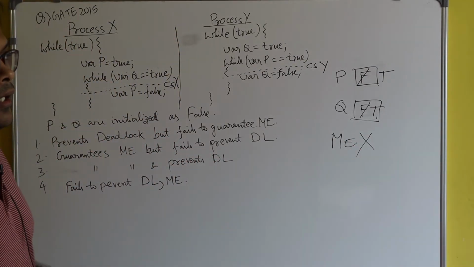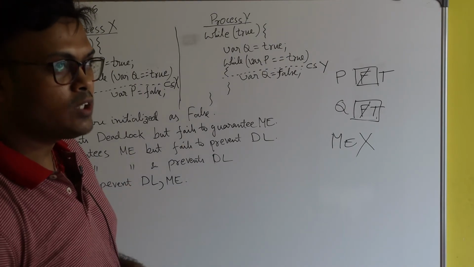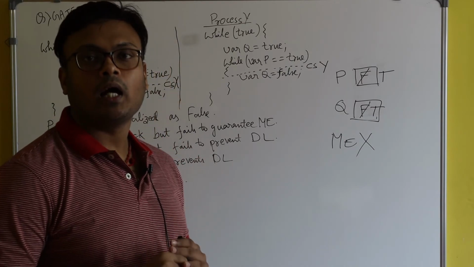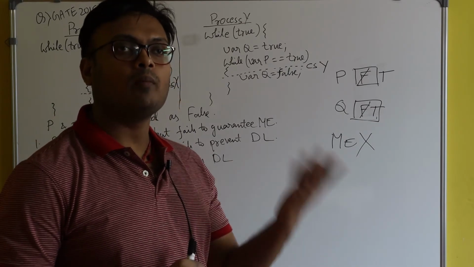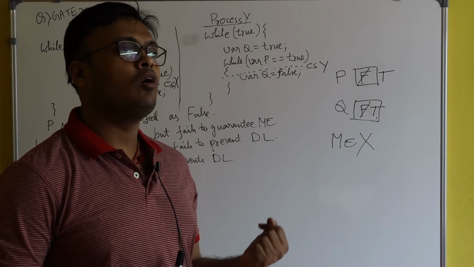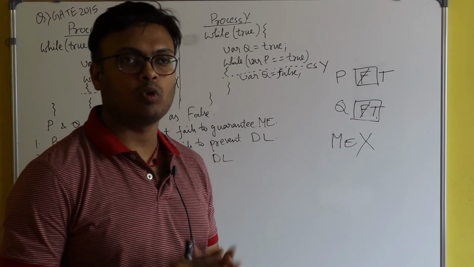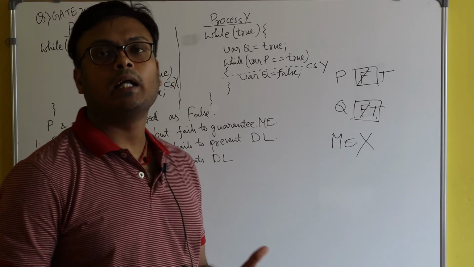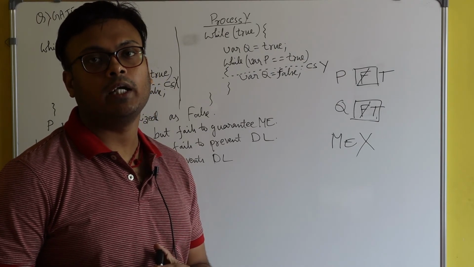Let me tell you one important point regarding deadlock. Deadlock means when both processes are locked at their respective positions and unable to come out of that position. For the time being, understand that when both processes are unable to enter the critical section, that situation is called deadlock.